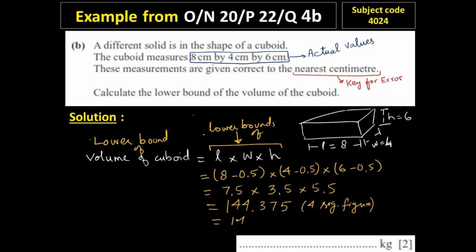So the final answer will be 144. Don't forget to write in answer space 144 kilogram is the lower bound volume of the cuboid. This is your final answer here.